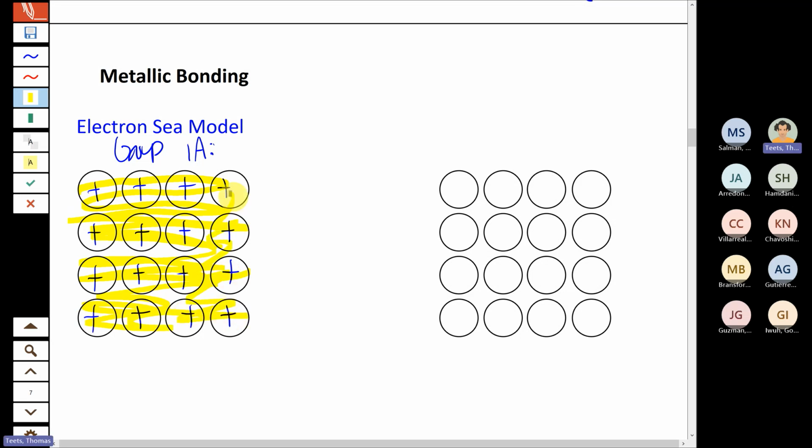The valence electrons are now delocalized. They don't belong to one atom or another. They're not just shared between two atoms. They're just delocalized over the entire collection. They're freely moving around. So in these diagrams here, this yellow that I'm drawing as a sort of ill-defined smear is what we call the sea of electrons. So it's loosely held valence electrons that are just freely moving through the entire structure.